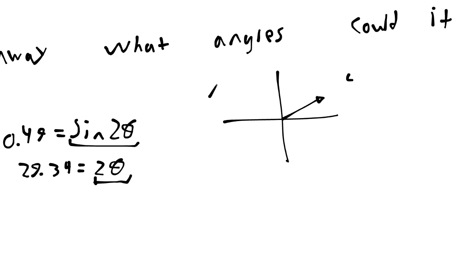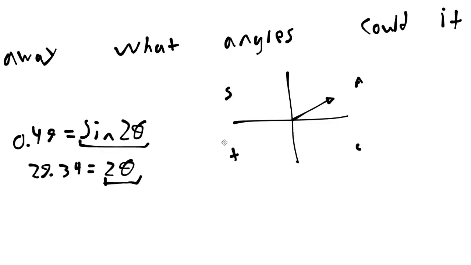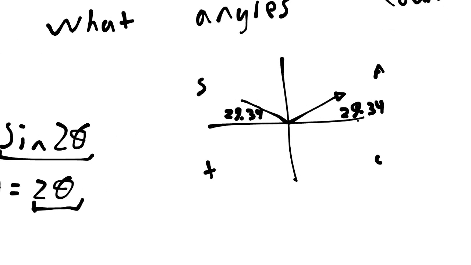So if you remember the CAST rule, C-A-S-T. So 29.34, that is like right here. Alright, but it's half of that. So it's half of this number right there, divided by 2.